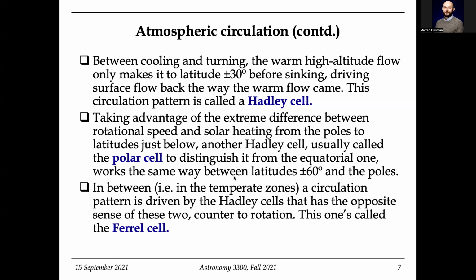So we can start at the other end, think about how cold it is at the poles, and invert this process, right? And there's a large cell called the polar cell, right? So this is the first one, the Hadley cell. This one is the polar cell. And there's one in between that has the opposite rotation. So this rotates the opposite direction.